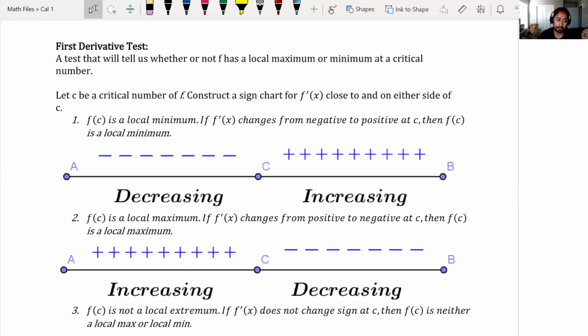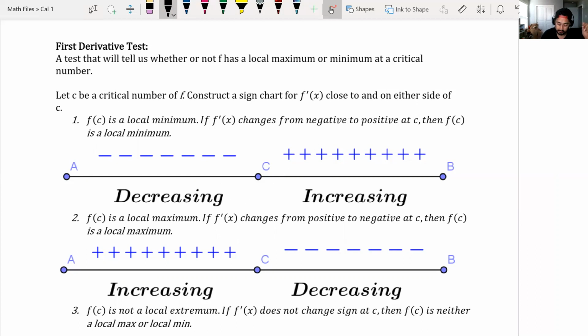For number one, we have a local minimum if the derivative changes from negative to positive at our critical number. So this means that our function will decrease and then increase.